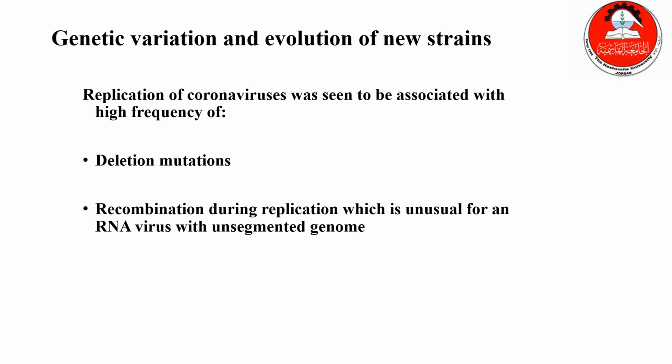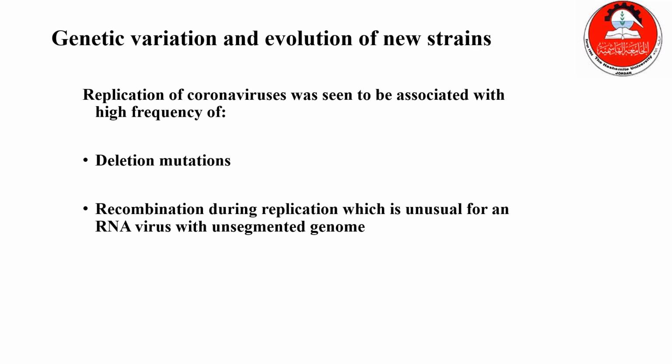Coronaviruses are characterized by high genetic variability and the ability to evolve their own genomes, and they acquired that by having the ability to introduce deletion mutations within their genome while they are replicating. It's an RNA virus.